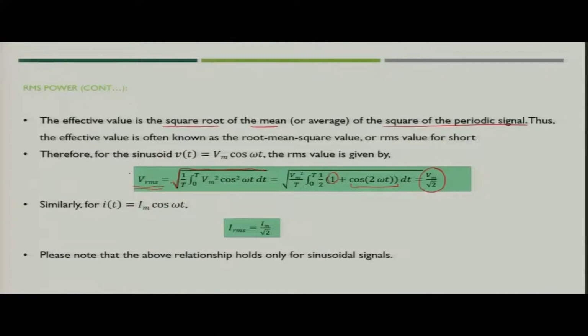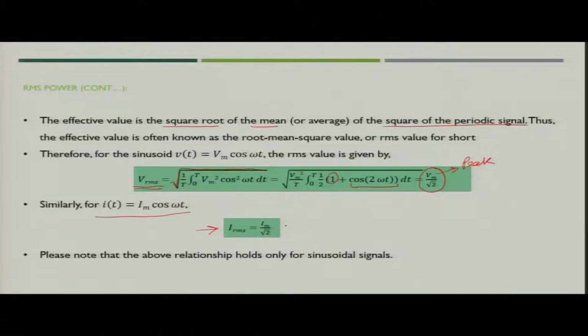So, the output which we get from here is V RMS, and this value is equal to Vm by root 2, where Vm is the peak value of the signal. Similarly, if you take current, that is i(t), and we represent it in terms of a sinusoid as Im cos omega t, we will get the RMS value of current, I RMS, equal to Im by root 2.